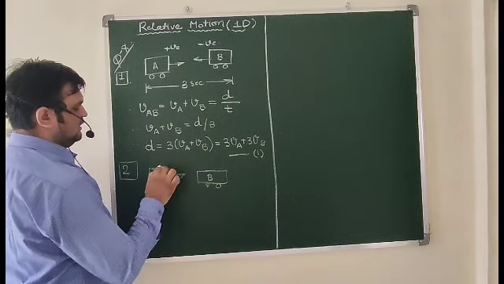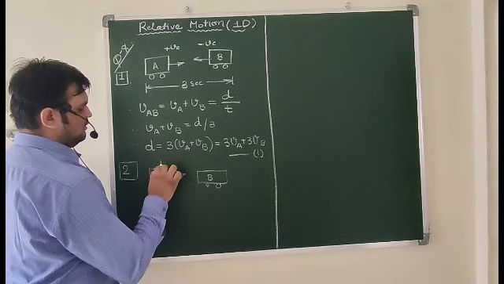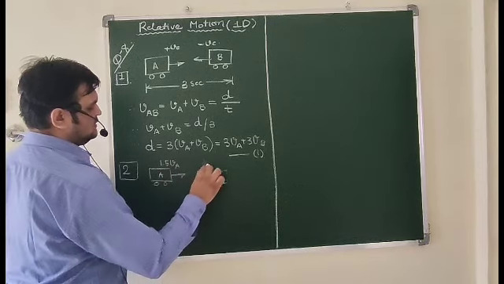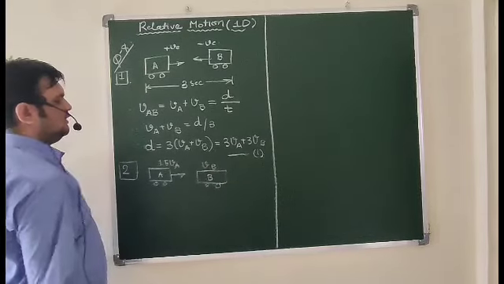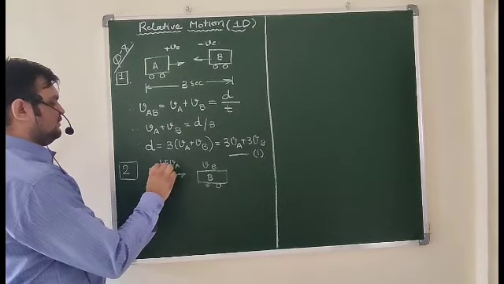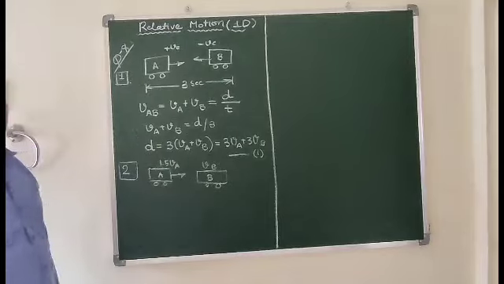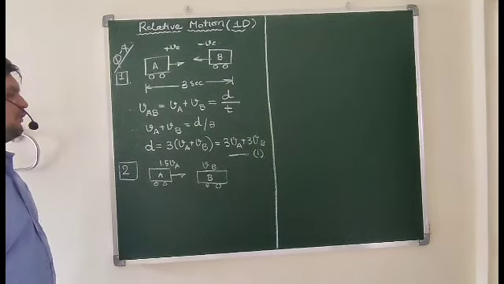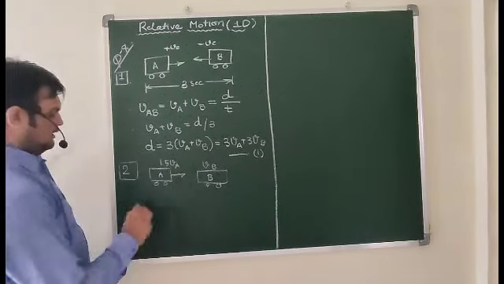So here it will become 1.5 VA and this is VB. So 50% increased speed, that means VA plus 0.5 into VA, so it becomes 1.5 VA.